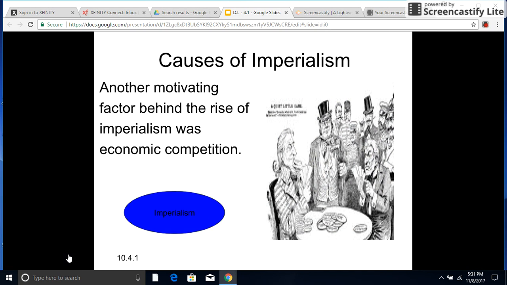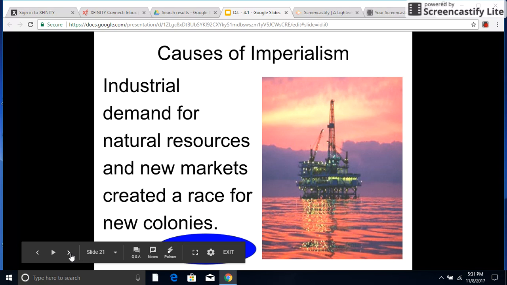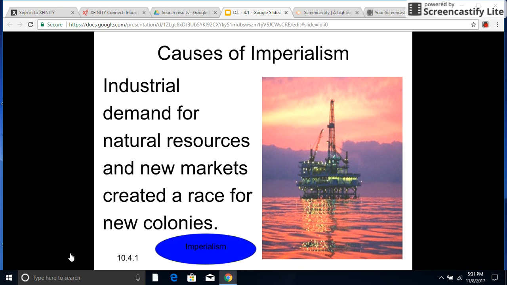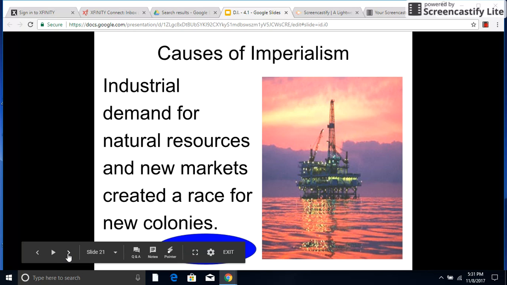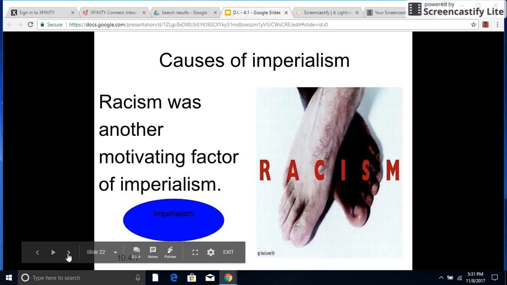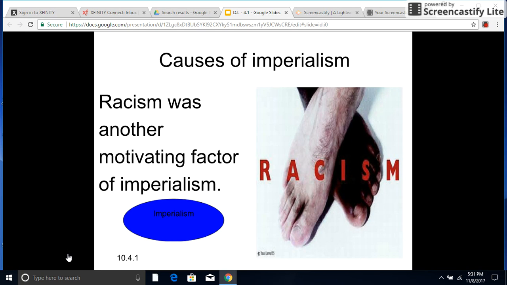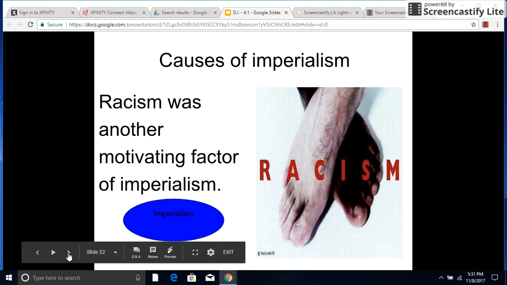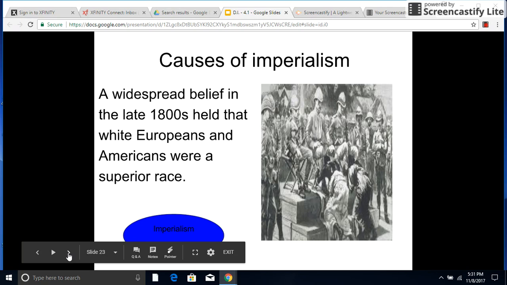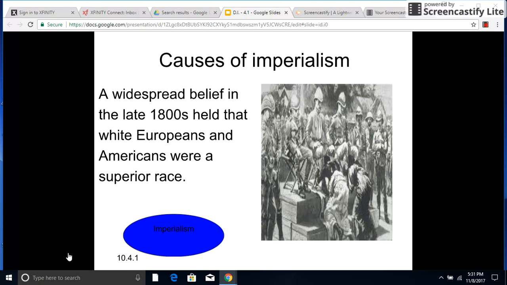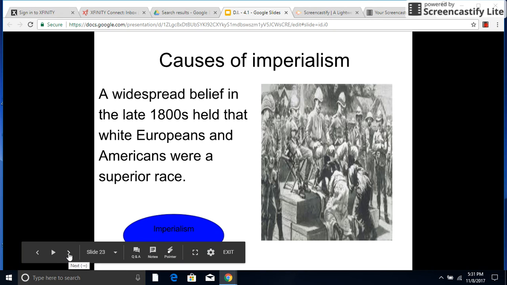Another motivating factor behind the rise of imperialism was economic competition, which we've already mentioned. Industrial demand for natural resources and new markets created a race for new colonies. Another motivating factor was racism. A widespread belief in the late 1800s held that white Europeans and Americans were a superior race.